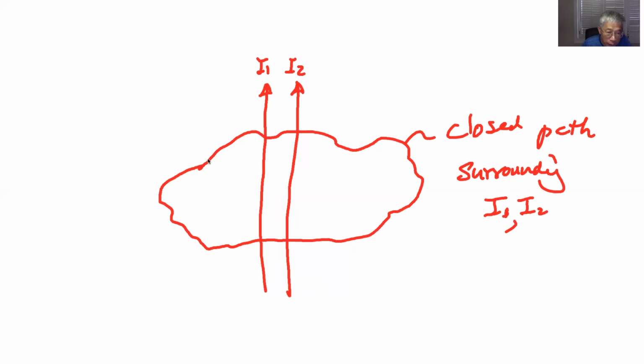And so what you would do is the following. You cut this into small pieces, small enough that inside each piece the magnetic field is constant, okay? And you only want to look at the magnetic field that's parallel to the path. You may have magnetic field going the other way, but you don't care about the perpendicular one.